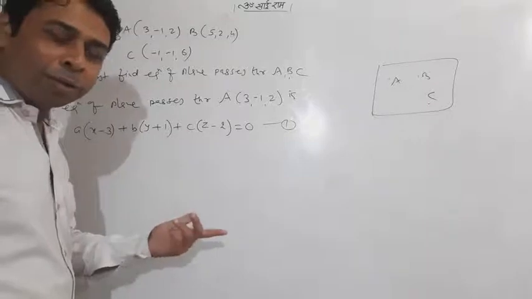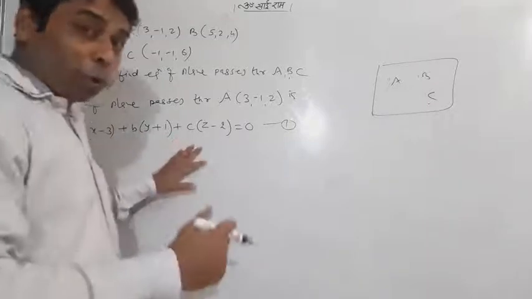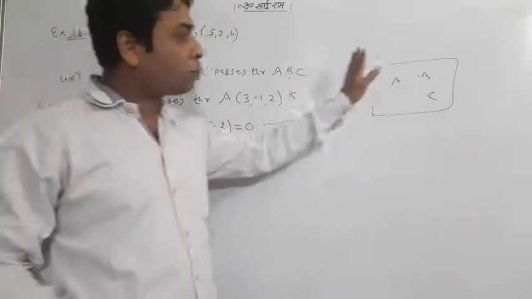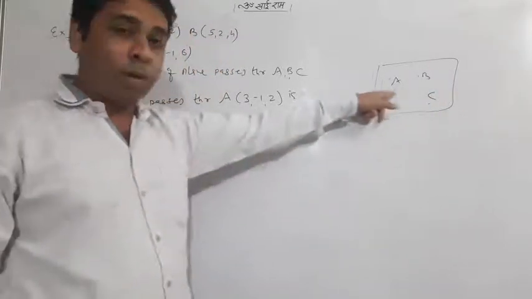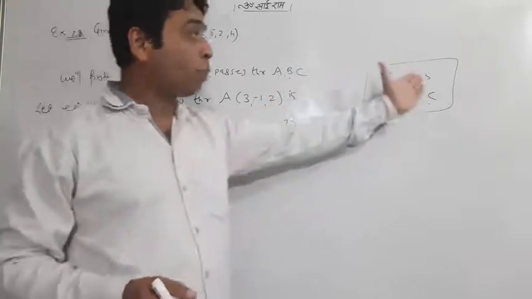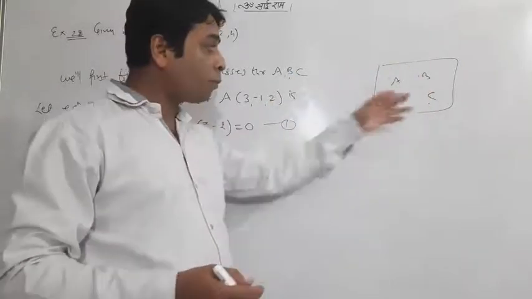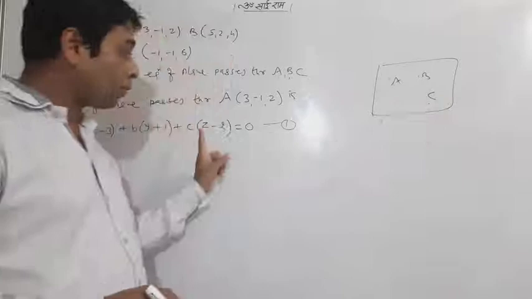So okay, we'll find out how. Read the question: we are going to find the plane which is passing through A, B, C. So this plane which is passing through A is also passing through B and also passing through C. So B and C will satisfy equation 1.